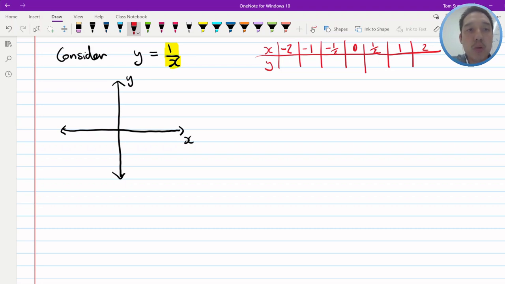I'll do a sample calculation so you know what I'm doing. I'm asking the question, what does y equal when I substitute x in? For example, substituting -2, y is equal to -½ So I can write that down in the table of values as -½ Same thing, x equals -1, I get -1.